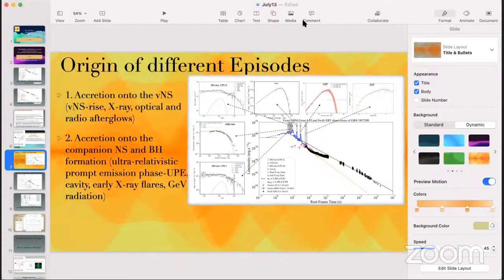So just to highlight some of the points that I'm going to touch tomorrow: specific GRB observables, what are the specific physical processes ongoing starting from the supernova explosion, what kind of physical processes this supernova is triggering in the system, and how they relate to the GRB observables.